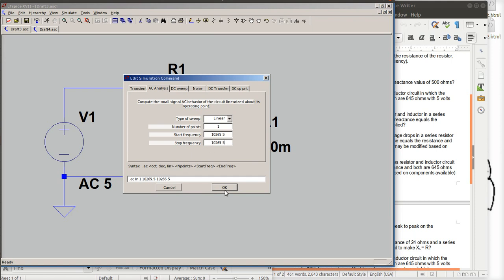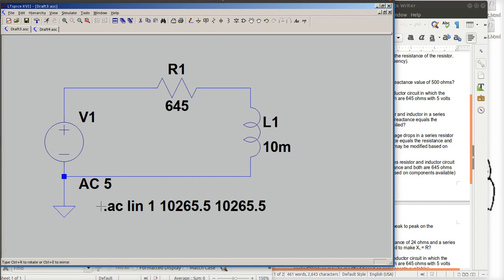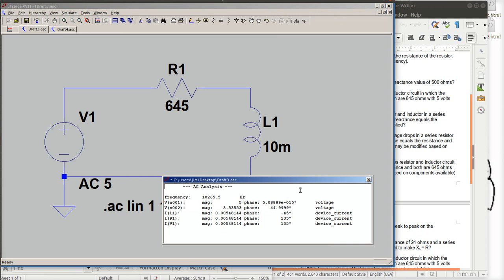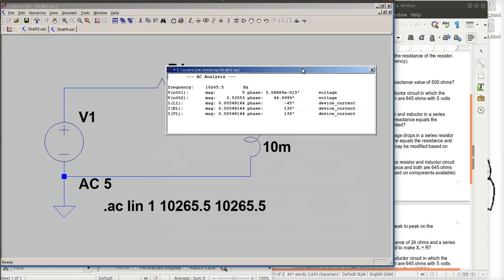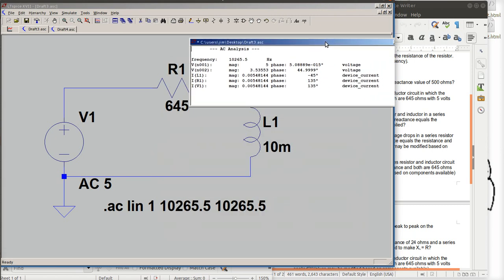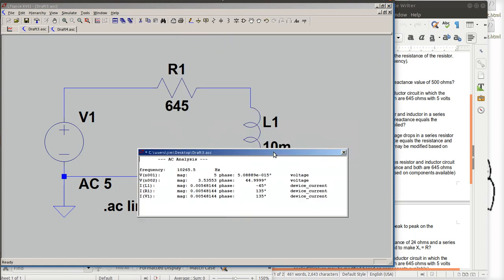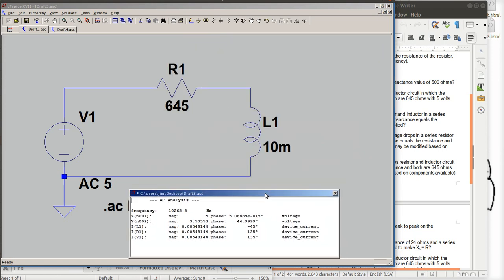Just get somewhere near when you actually build the circuit. So, okay, there that is. Now simulate and run. And maybe it'll look alright up here. I'll just cover up the AC analysis line.